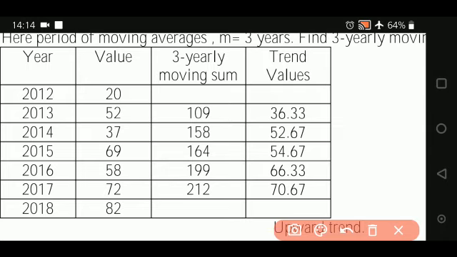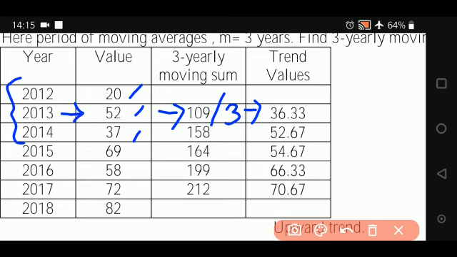So what are you going to do here? First you will be calculating the totals of 3 years. That is, you add 20, 52 and 37, and the total will be 109. And when you divide it by 3, you are getting the trend value as 36.33. And the representation year will be 2013.